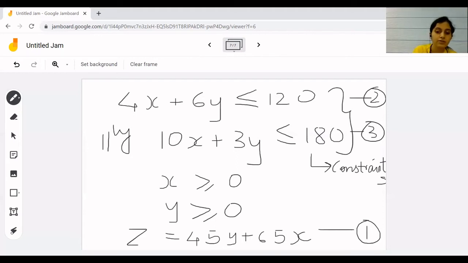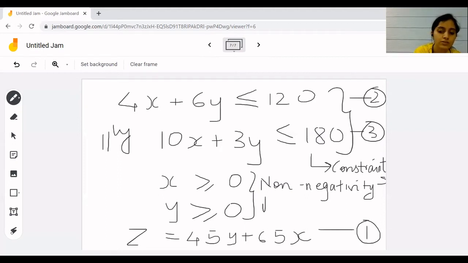They are called non-negativity restrictions. When we are talking about manufacturing, they are always positive solutions. So non-negativity restrictions have to be included in your LPP. So we have the objective function, constraints, and non-negativity restrictions.